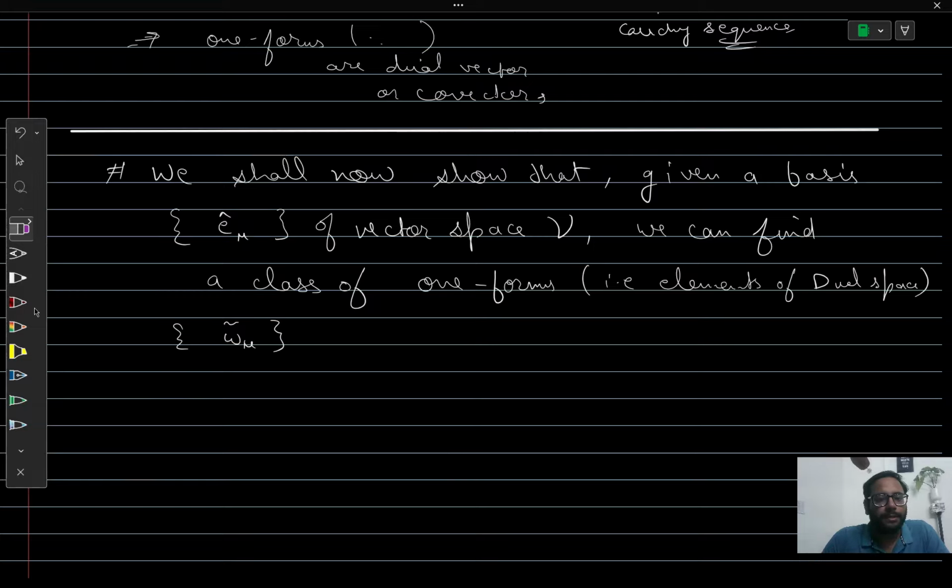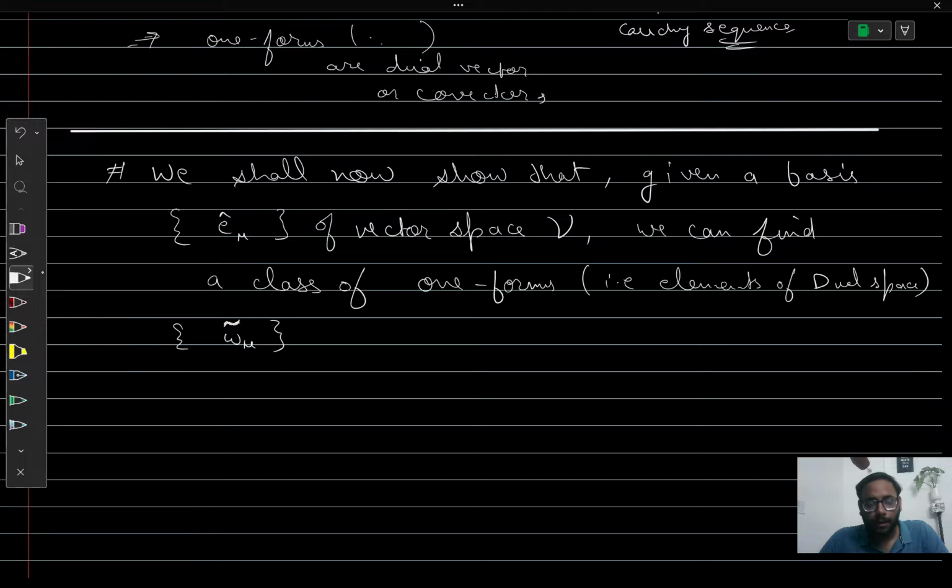Let's denote it like this only. This is a set. This represents a vector, our usual vector, and this represents some kind of surface. This is a curly bar over omega, or you can call it small w. So this is my class of one forms.